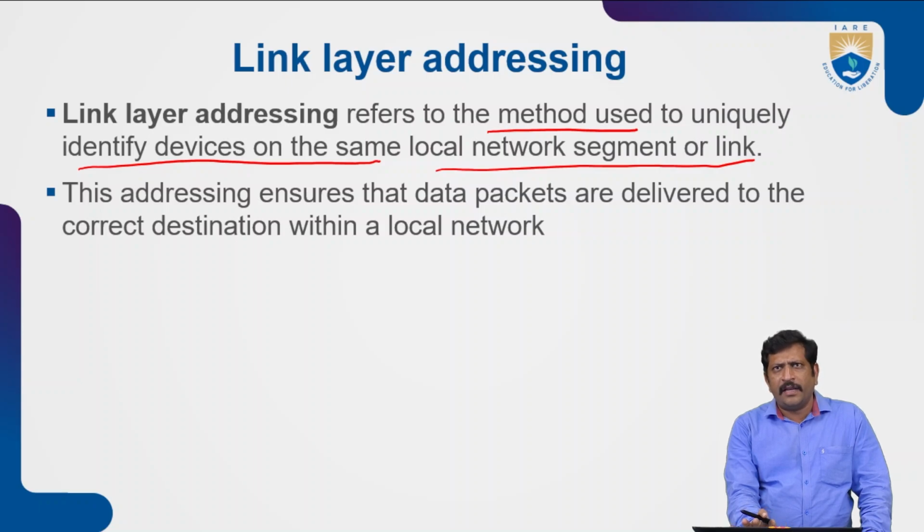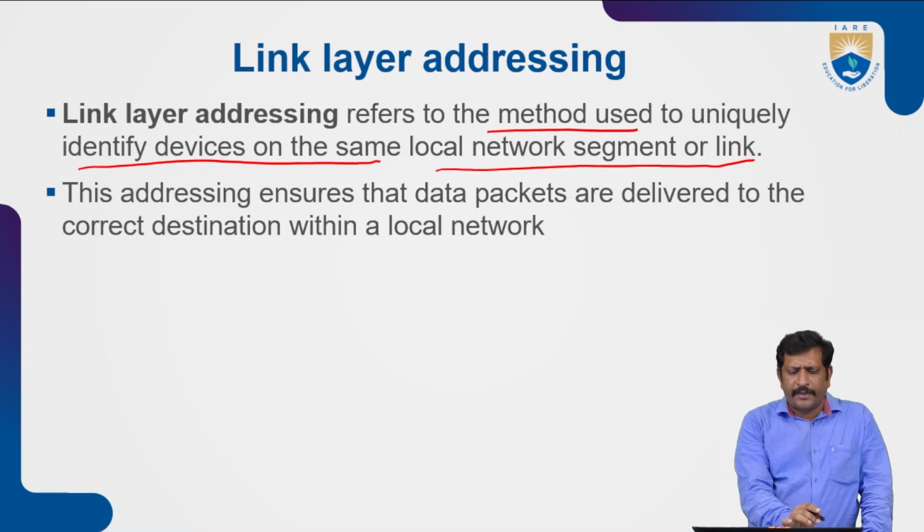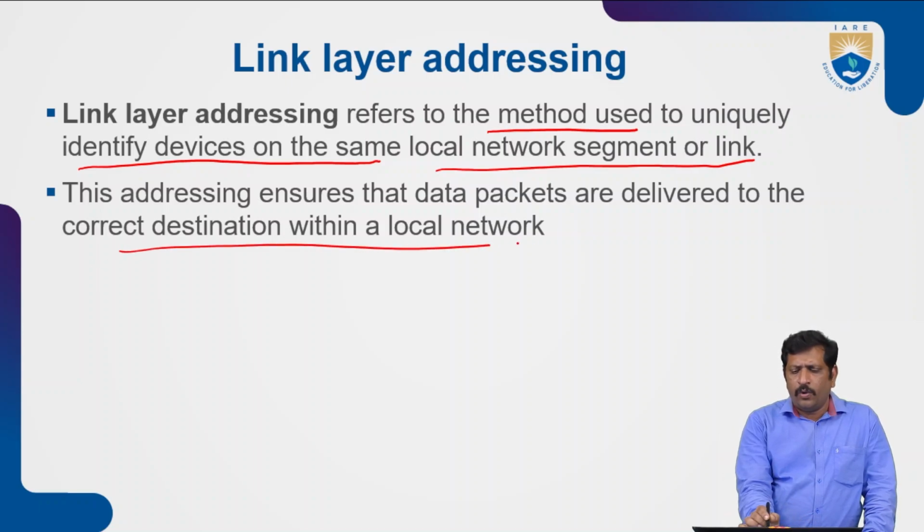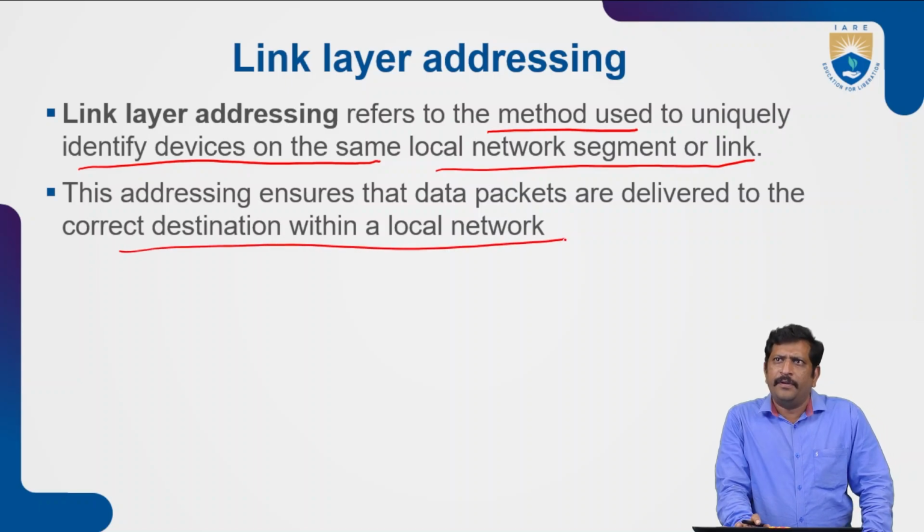That address we call a MAC address. Each and every device has its own MAC address, and a MAC address is not repeated for two different devices. This addressing ensures that data packets are delivered to the correct destination within the local area network.